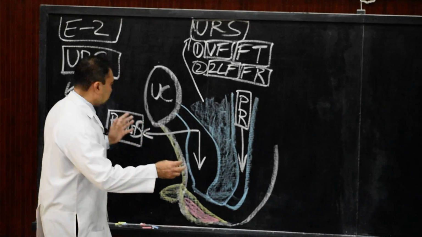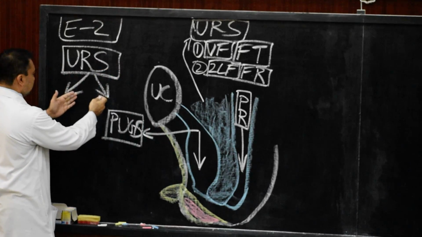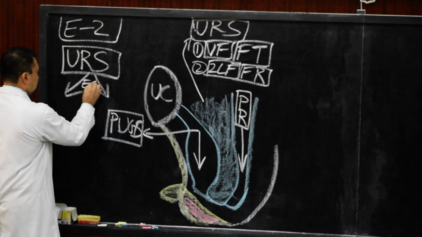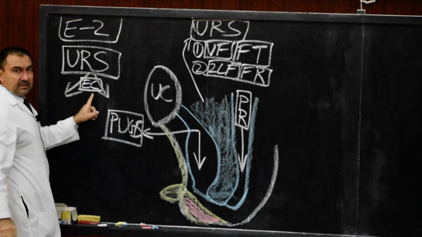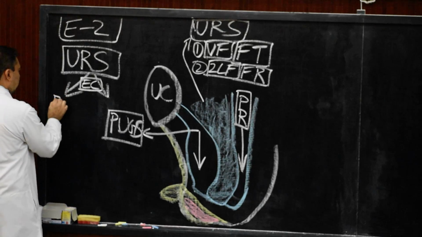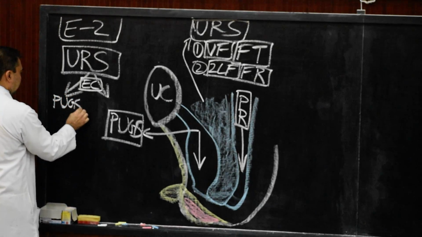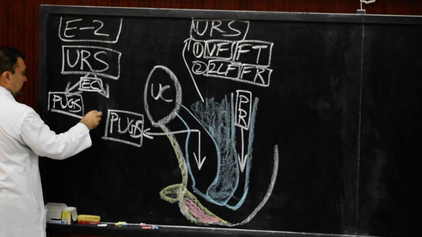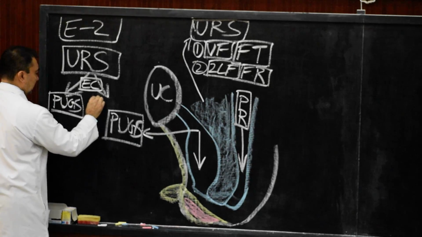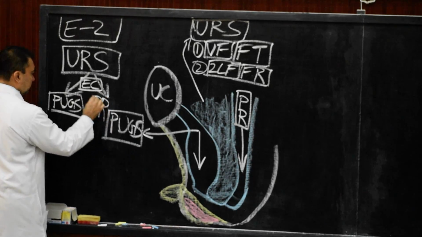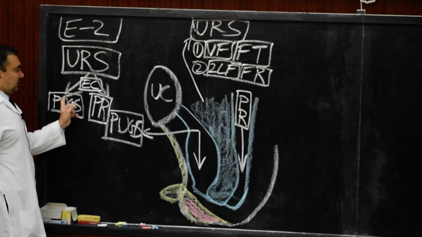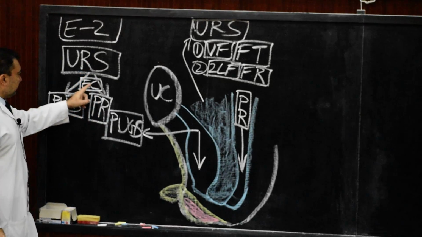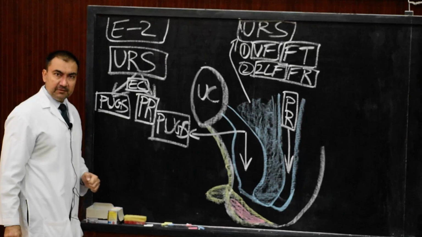Now here, on this side, if I write urorectal septum which divides the endodermal cloaca, if I mention in this flowchart, into two parts, the primitive urogenital sinus and the second part I will write as the primitive rectum. These are the two parts where urorectal septum will divide endodermal cloaca.